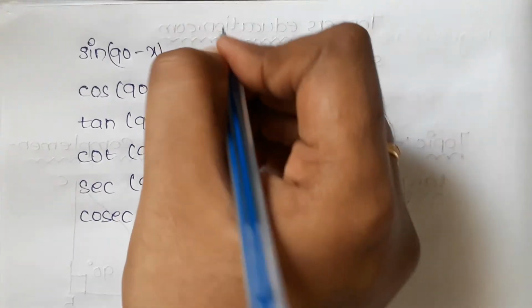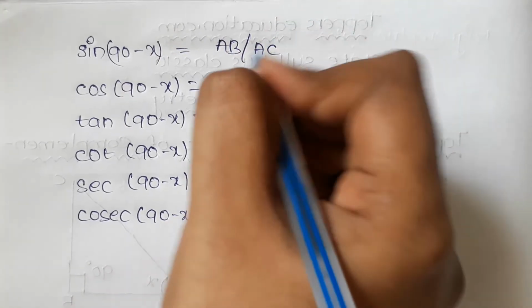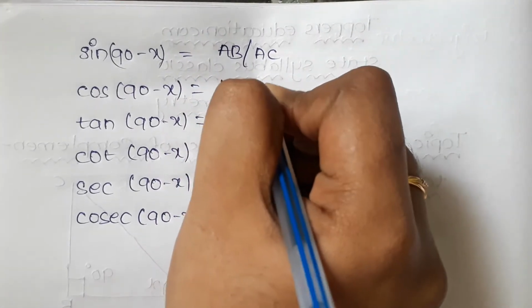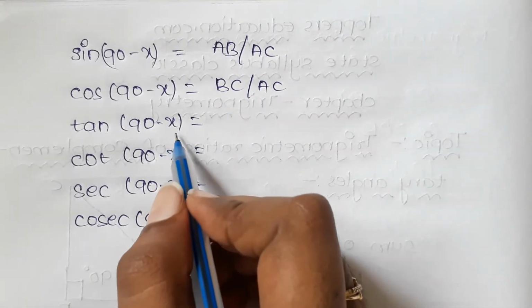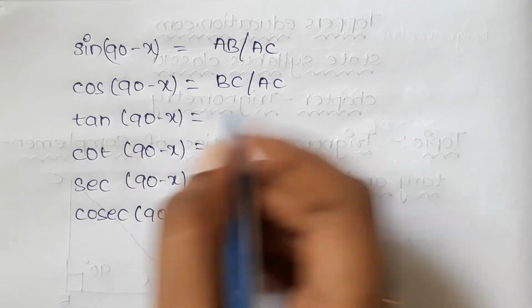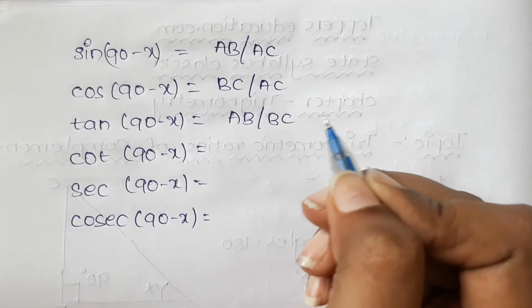From this we get AB by AC. Cos 90 minus x is BC by AC, and tan 90 minus x is AB by BC.